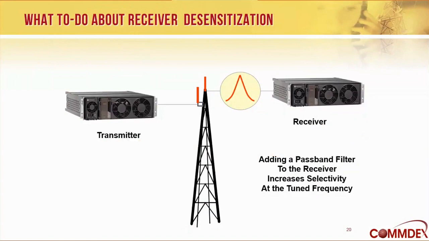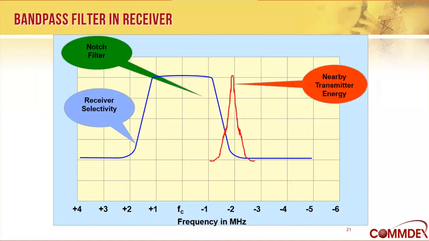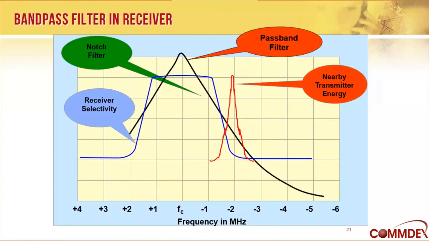And just like before, where we had both a notch and a bandpass filter solution, the bandpass filter solution is to put a bandpass filter on our receiver to increase the selectivity. Here's our receive curve again, our unwanted transmitter energy, and now we put a bandpass filter on and a notch filter, and it cut all that stuff out while keeping our selectivity curve intact.